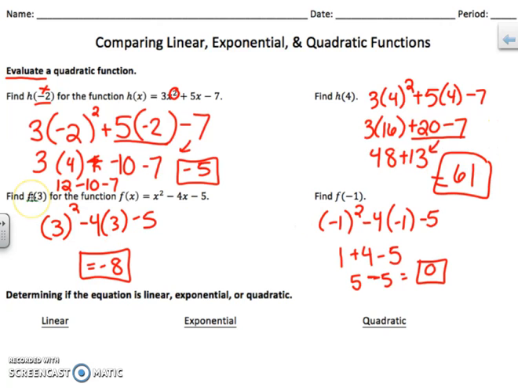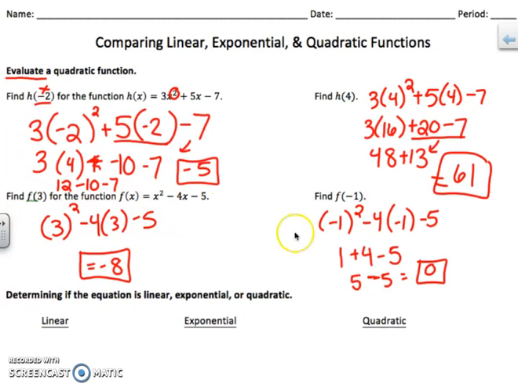Okay. On this last one, find f of 3 into this equation. So you're going to start off with 3 squared, -4 times 3 minus 5. Again, I typed that in the calculator, or you could do some mental math, but you would get -8. This one might have been pretty tricky for you because it was a negative number, so if you did not put the answer in parentheses, it would be wrong.